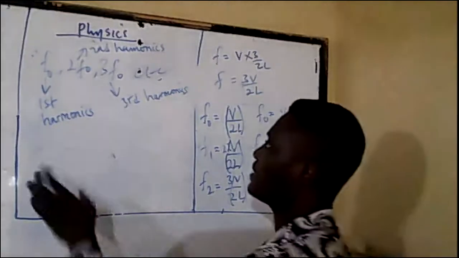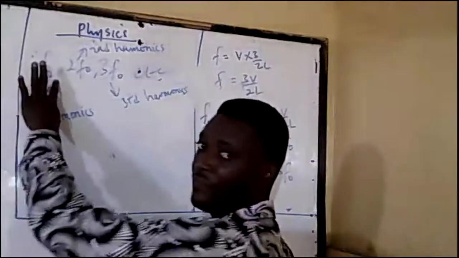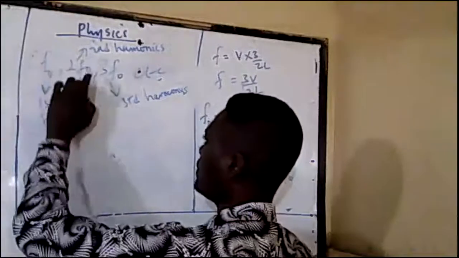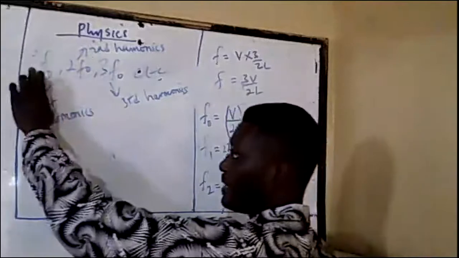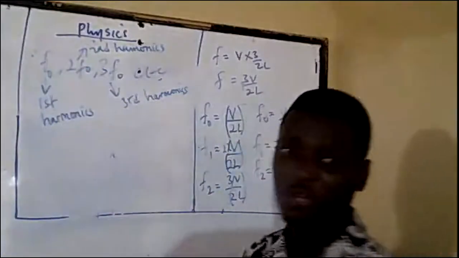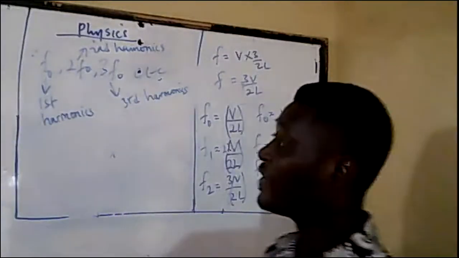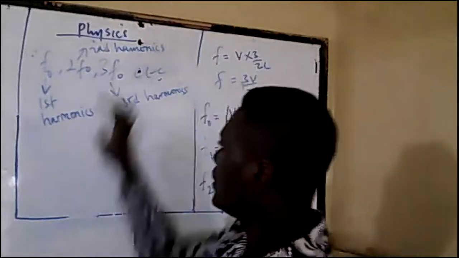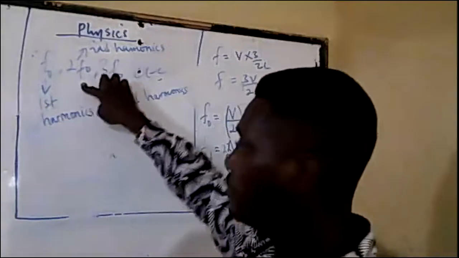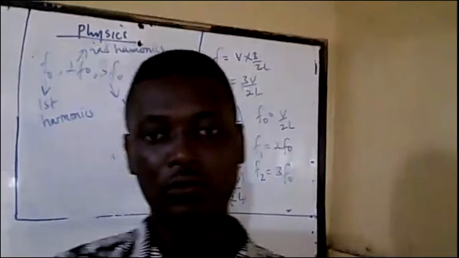So I'm saying now that for a string instrument, the first one, F0, is your fundamental frequency, and it's called the first harmonic. The second one is your second harmonic, third harmonic. So if you're talking of harmonics, the first is first harmonic, second harmonic, third harmonic. But if you're talking of overtones, the second one is your first overtone, while the next one is your second overtone. So this is what we are saying.